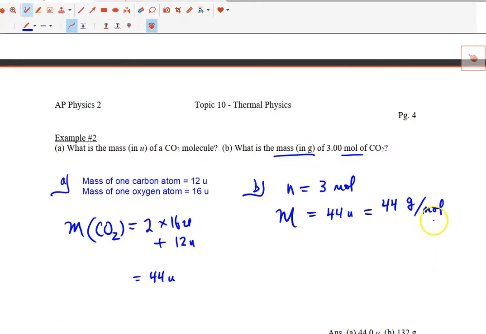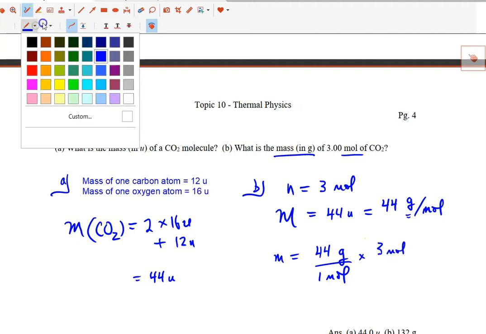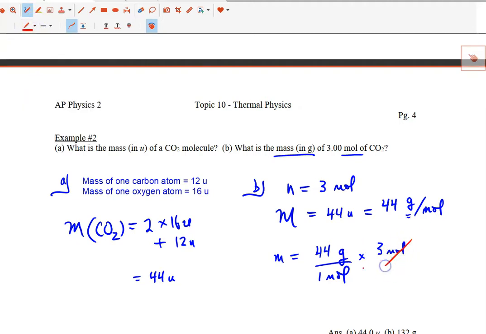If I'm trying to find the amount of grams, which I'll call the mass, I could take 44 grams that are in 1 mole, and then multiply by the number of moles, 3 moles. Hopefully you can see that the moles cancel out here and here.